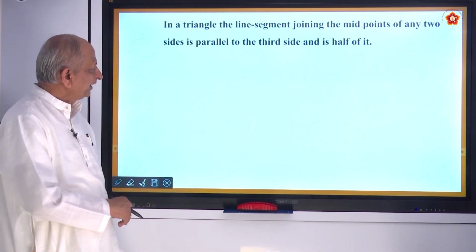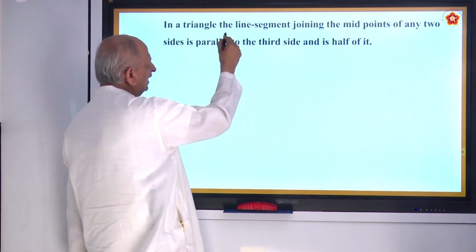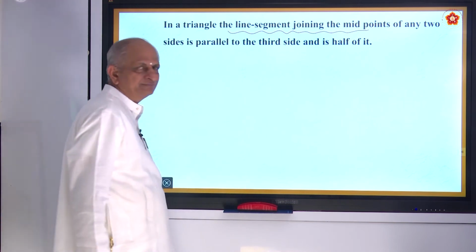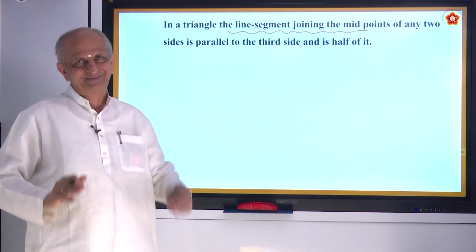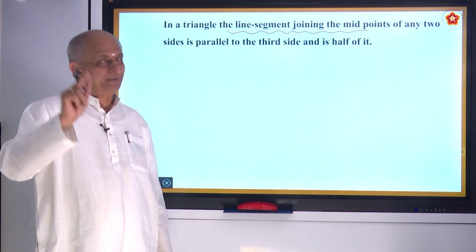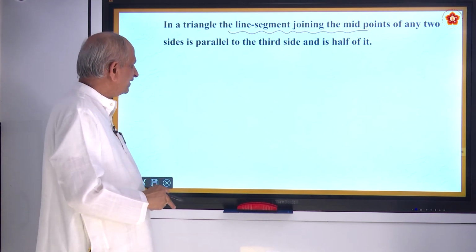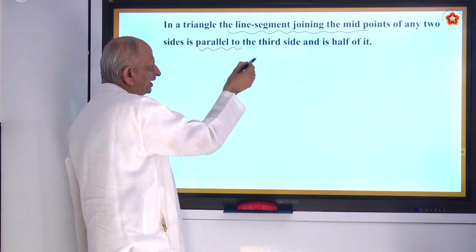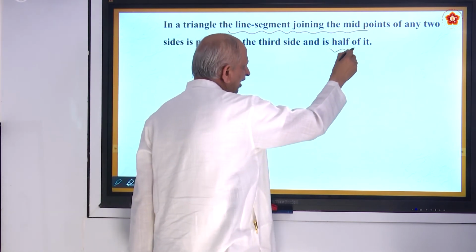So, the important result, in a triangle, the line segment joining the midpoints. Have a correct picture in the mind. The line joining the midpoints of any two sides is parallel to the third side and half of it.